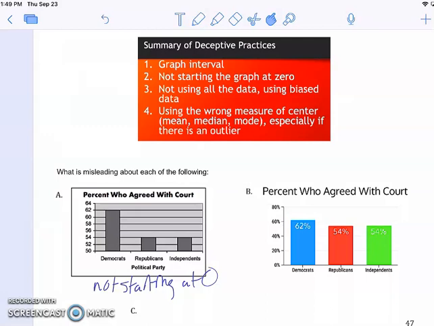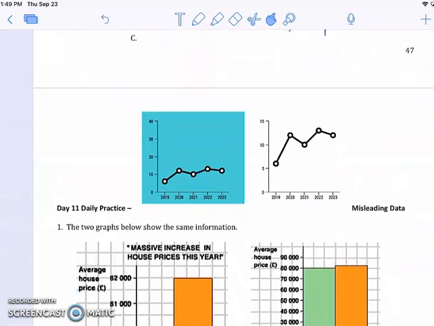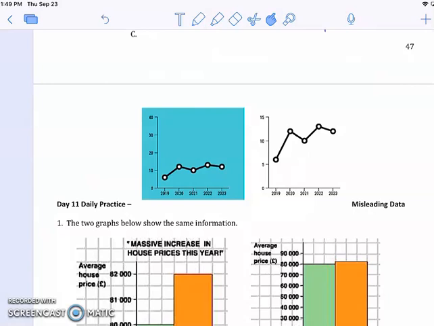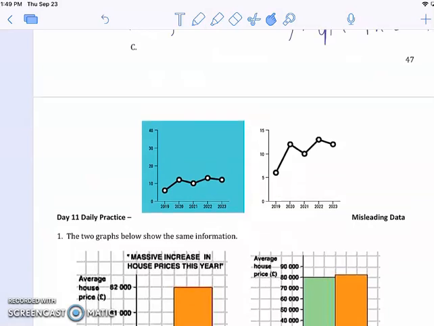But we could make it look a little bit further apart if we changed our graph interval. If we take a look at this next one, what's misleading about this? Well, again, it's our scale. There's a huge difference when we're counting by 5s versus by 10.